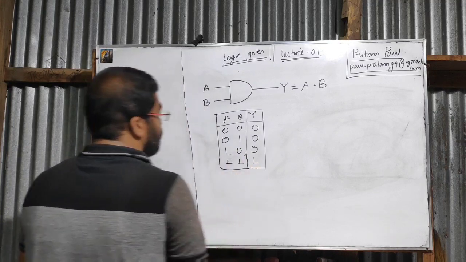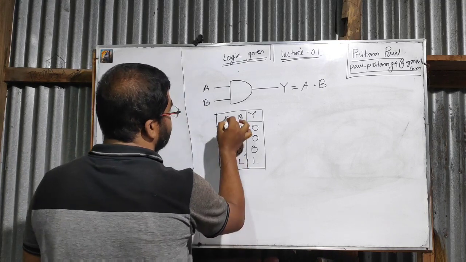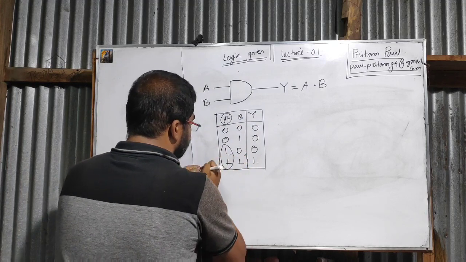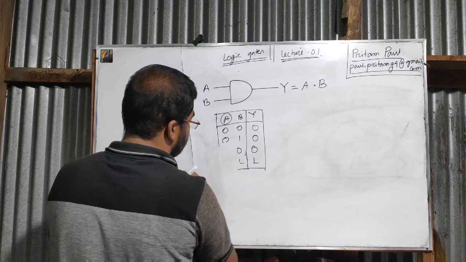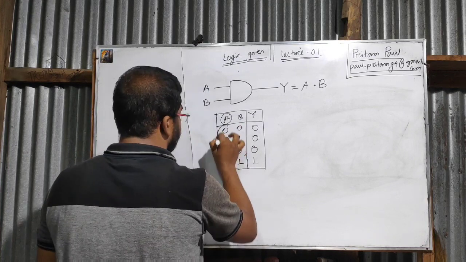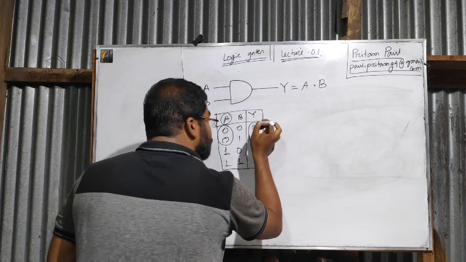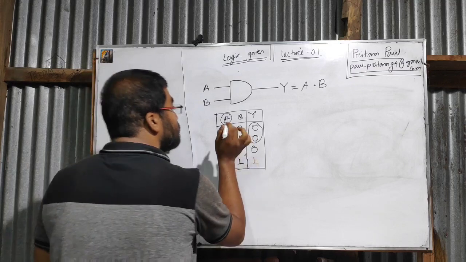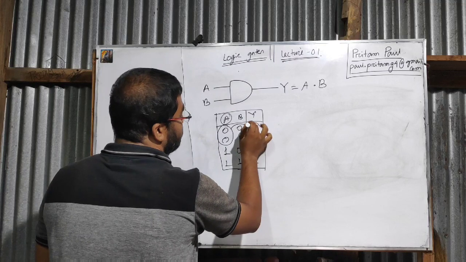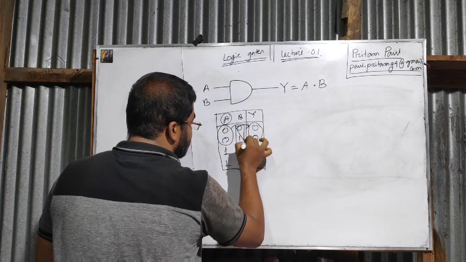Here you can see that if the first input A is 0, the output Y is not dependent on B when A is 0. We can directly say that if A is 0, the output is 0. We won't go to this section.